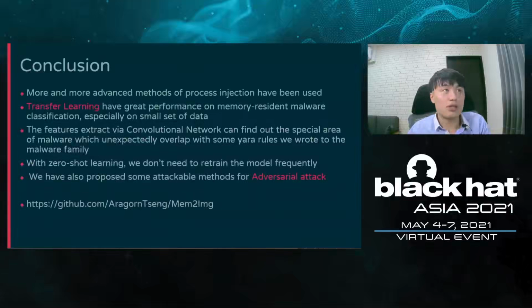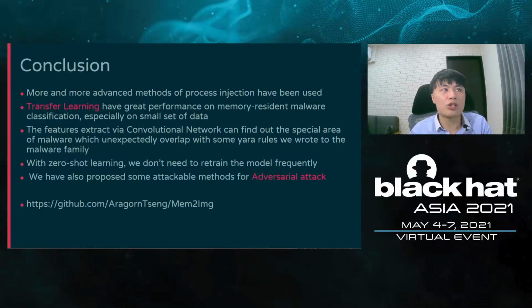And here is our conclusion. More and more advanced methods of process injection have been used in APT groups and cybercrime malware. Transfer learning has great performance on memory-resident malware classification, especially on small sets of data.